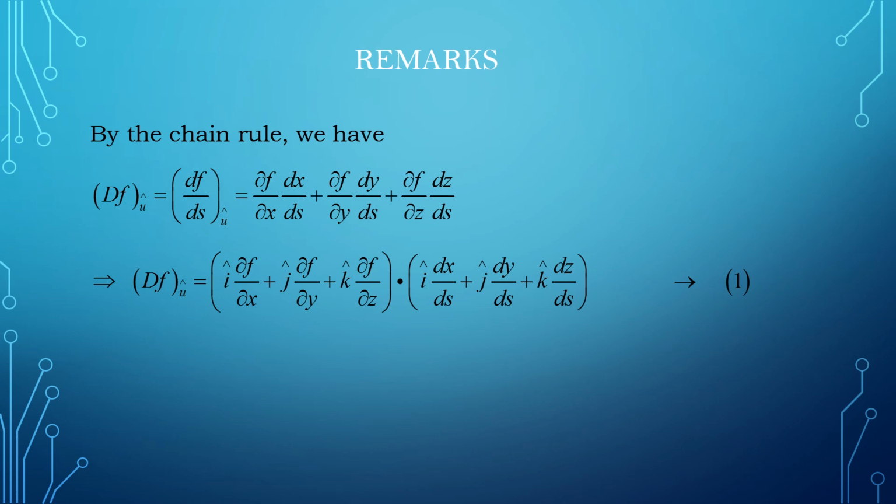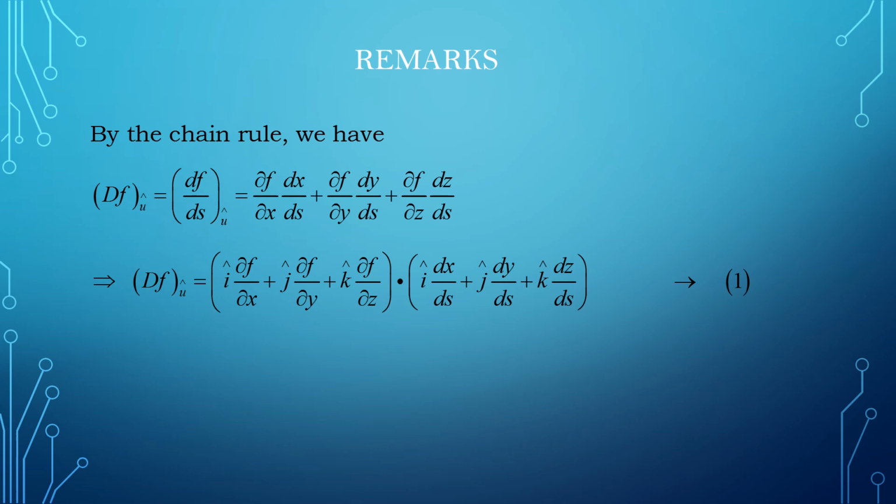This formula, df sub u cap equals limit s tends to 0 of f of x naught plus u1s comma y naught plus u2s comma z naught plus u3s minus f of x naught comma y naught comma z naught, upon s, resembles the differentiation formula df of x by dx of a function of a single variable in our calculus.